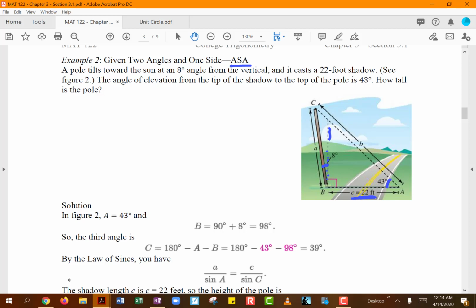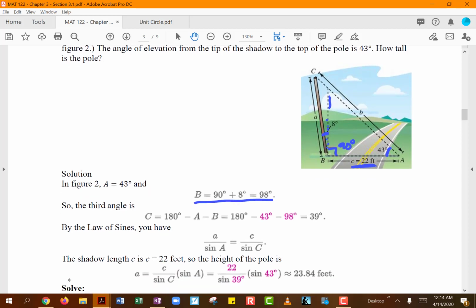If you think about this pole, if the pole was standing straight upright, if it was not tilting or leaning, then you would have made a 90-degree angle. So this angle here is 90 degrees, and then if you add that tilt of 8 degrees, this angle B comes out to be 98 degrees, right?